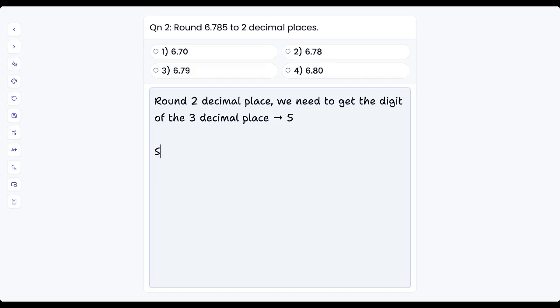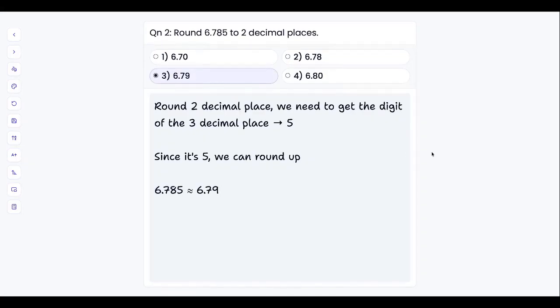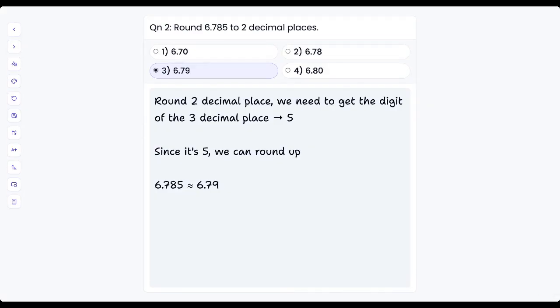Since it's 5, we can round up. So 6.785 will then be equal to 6.79. So the answer is option number 3. All right, let's move on to the next question.